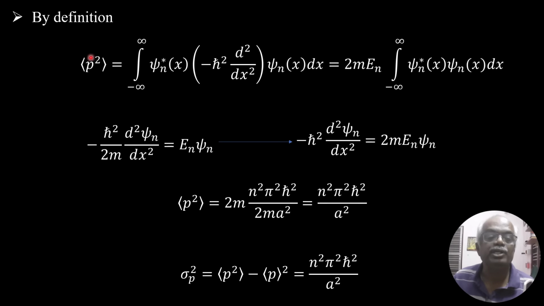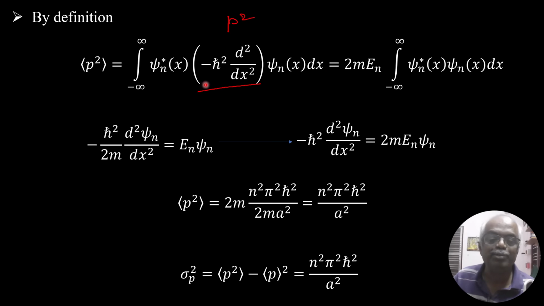Now we have to calculate the expectation value of p squared. By definition, the expectation value of p squared is the integral of psi star p squared psi. But I am replacing p squared by its operator, which is minus h cross squared d2 over dx2, acting on psi n of x, dx.